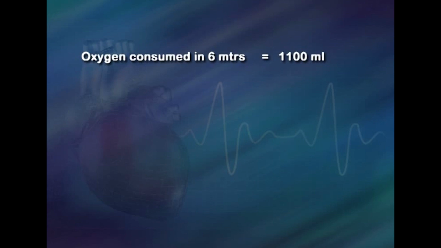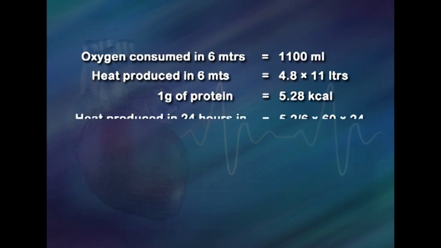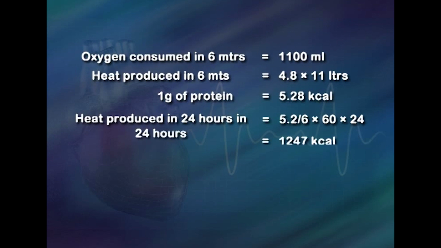For example, if the oxygen consumed in 6 minutes is 1100 ml, heat produced in 6 minutes is 4.8 into 1.1 liters. That is 5.28 kilocalories. And heat produced in 24 hours is equal to 5.28 by 6 into 60 into 24.